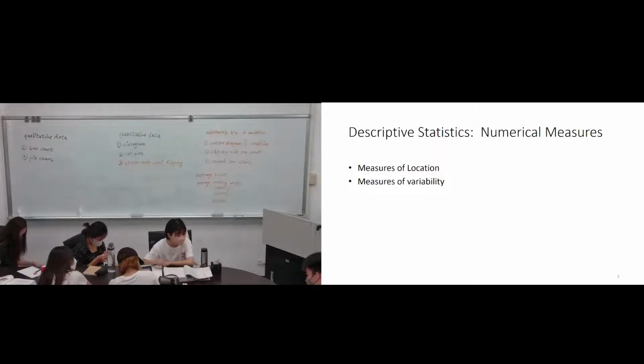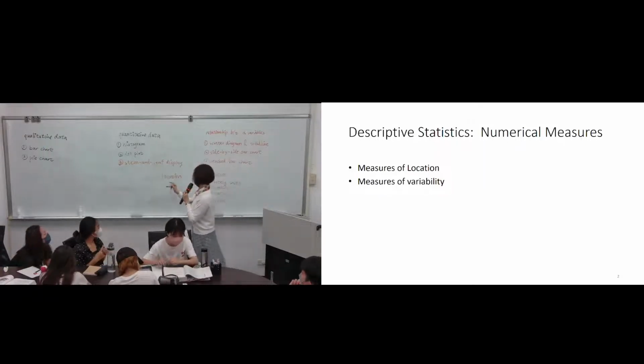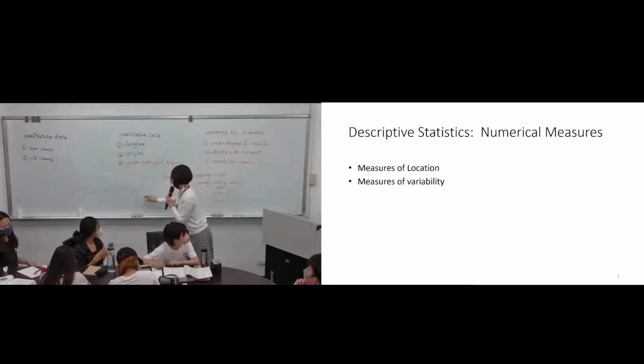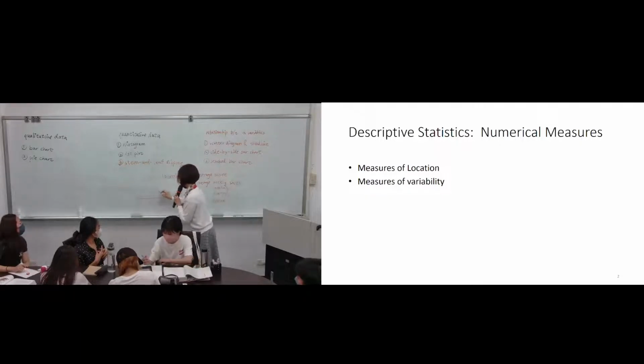So if we use the location, what does average tell us? Location. So the average score, say 60: some of the student scores are below 60, and some of them are above 60.